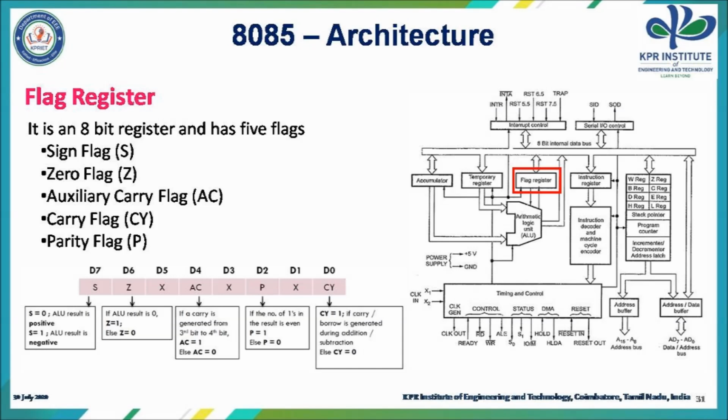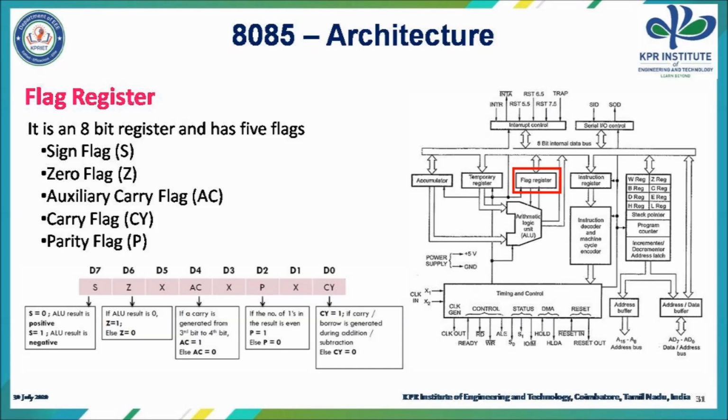Then D3 pin is also a don't care pin. Then D4 is used for auxiliary carry. Auxiliary carry is nothing but the carry generated from the lower nibble. So if auxiliary carry is generated, then AC will be equal to 1, and if it is not generated, then AC will be equal to 0. Then D5th bit is also a don't care bit. Then D6 is used as zero flag.